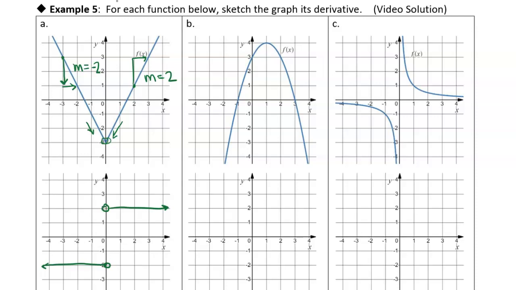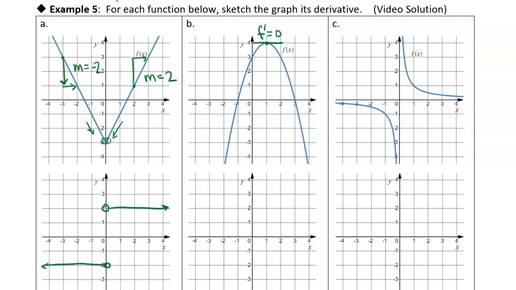All right, so now here we have a curve. It's a little tricky to draw tangent lines and actually estimate particular values of the slope. But I usually start by looking at where the function is increasing, where it's decreasing, and where it's changing directions. Where it's changing directions, the tangent line is going to be horizontal, so the derivative is 0.